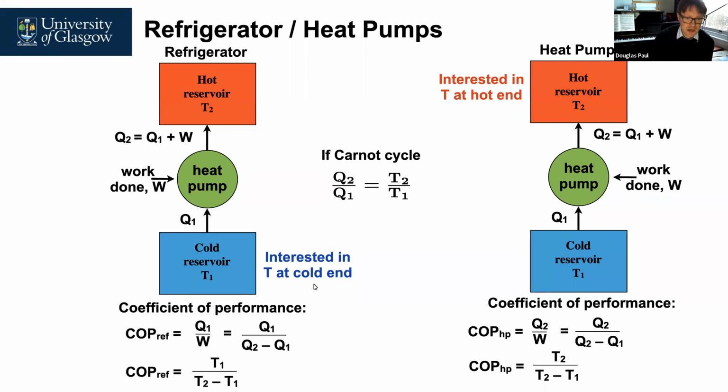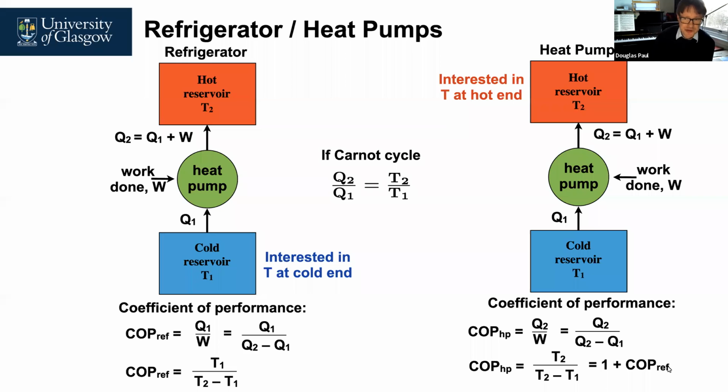So the reason I've got interest in the cold end and interest in the hot end is that when you look at the coefficients of performance, for the refrigerator we're interested in T1, the cold end, so that's the numerator. For the heat pump, we're interested in the hot reservoir and the temperature at this end, and the coefficient of performance is T2 over T2 minus T1. We can also write this as 1 plus the coefficient of performance for a refrigerator.